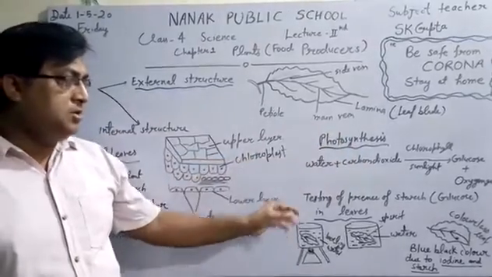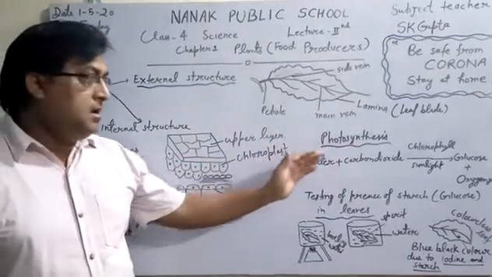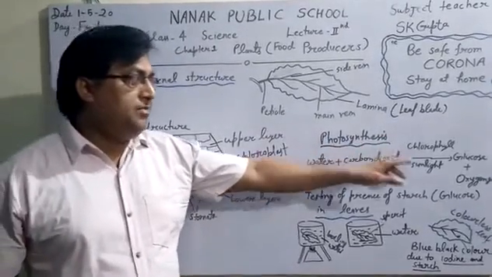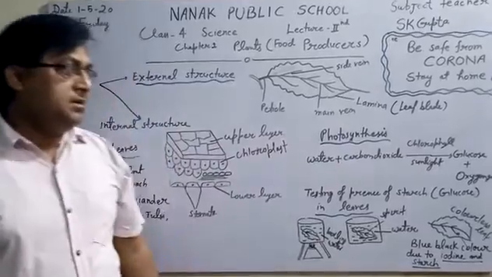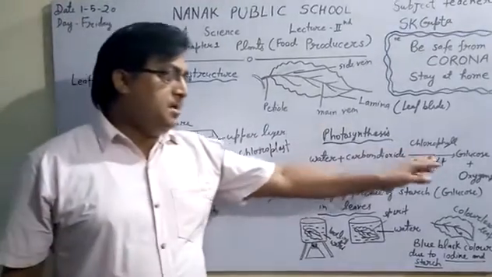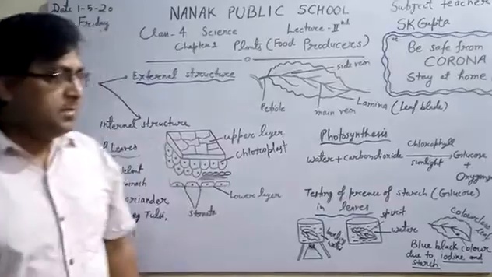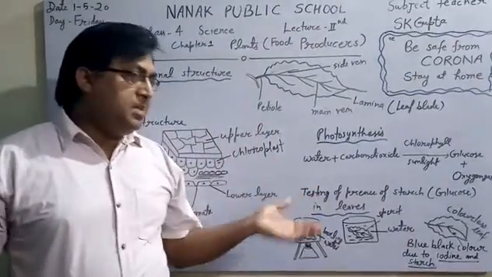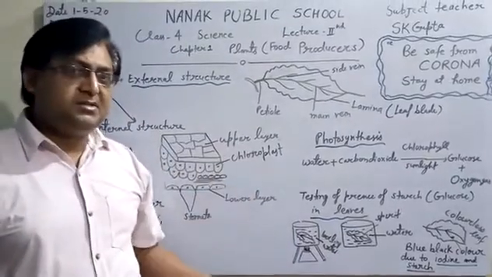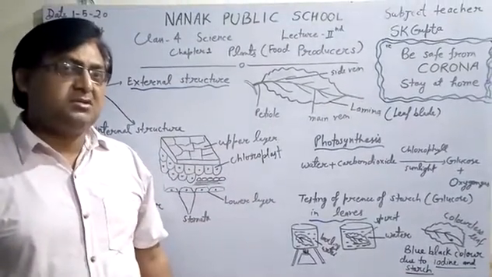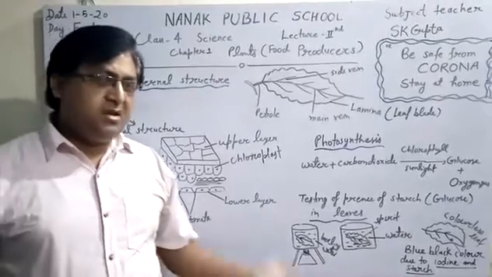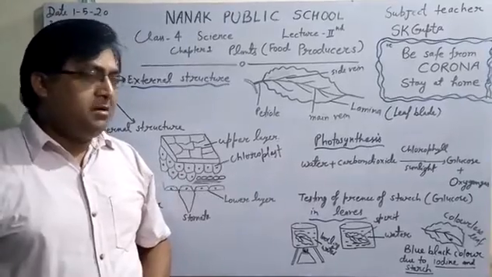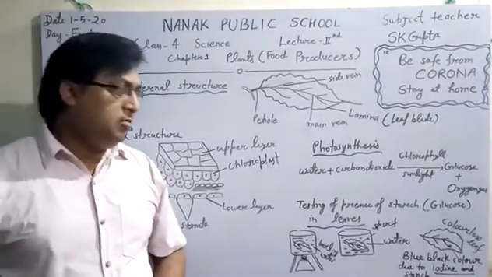In photosynthesis, when water reacts with carbon dioxide in the presence of chlorophyll and sunlight, it prepares glucose and oxygen. So you can say in photosynthesis, plants take carbon dioxide gas and release oxygen gas. This oxygen gas is very beneficial for living things, animals, human beings.